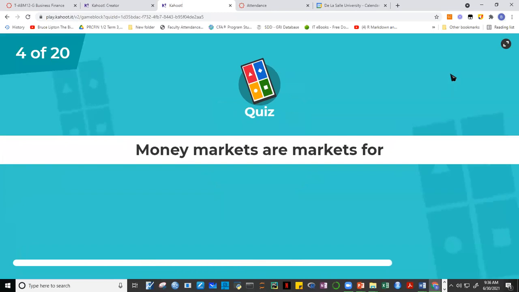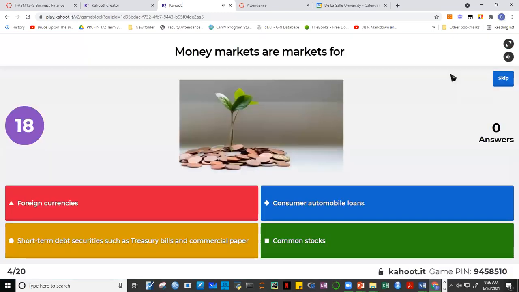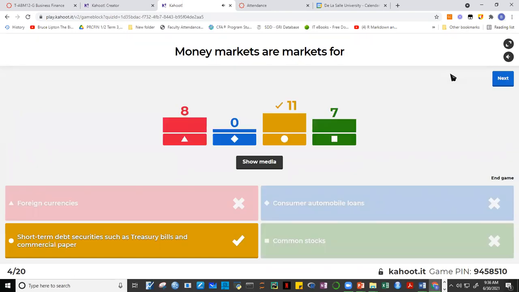Money markets are markets for... okay, money markets, no?